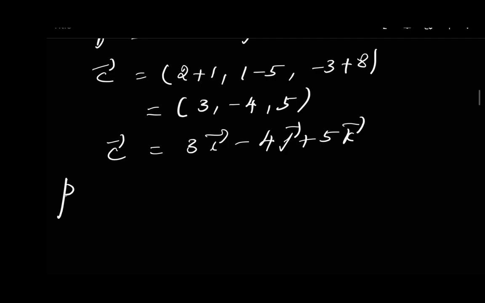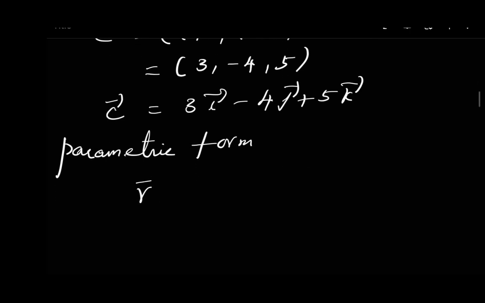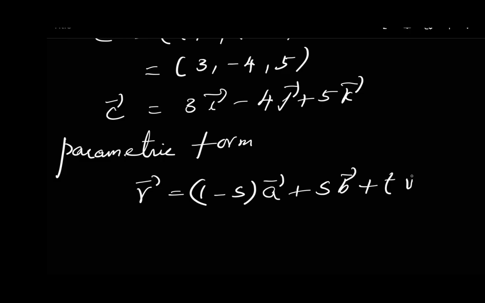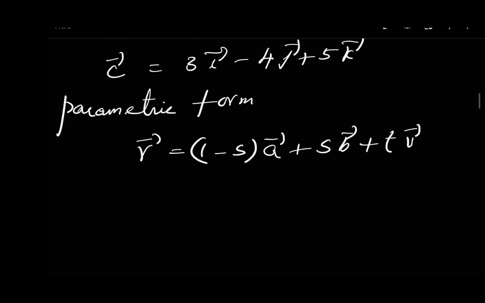First they ask in the parametric form. Parametric form is vector r equals 1 minus s into vector a plus s into vector b plus t into vector c.